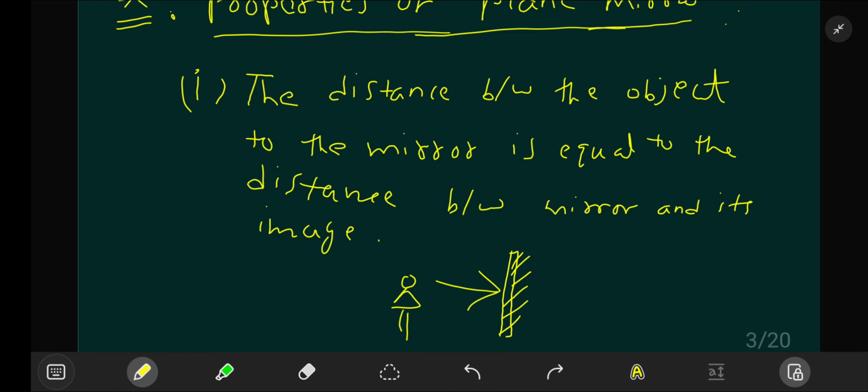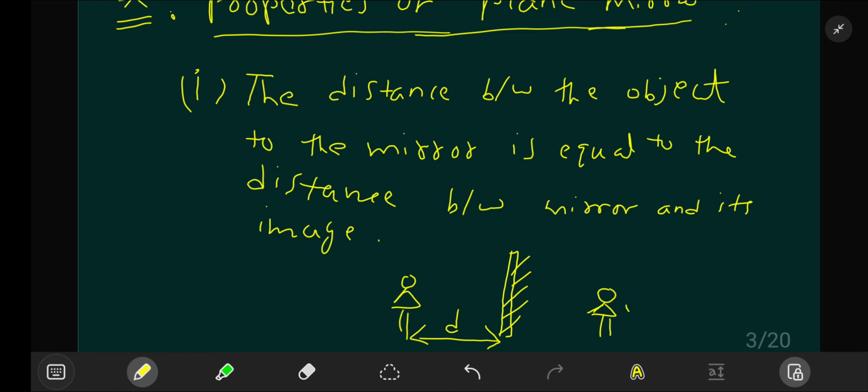Now the distance from the mirror to the person, suppose it is d, and the image of this man will be formed behind the mirror. The image will be formed here, and this is virtual and erect.